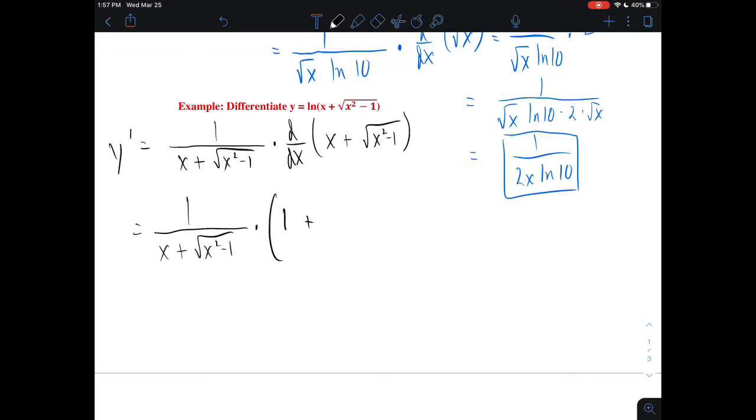What we've seen with square root functions is that that turns into 1/2 times the inside raised to the negative 1/2. And then because of the chain rule, I have to multiply that by the derivative with respect to x of x squared minus 1.